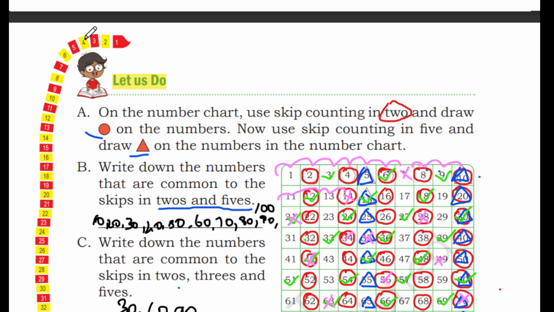From 4 you reach 1, 2, number 6, again 1, 2, number 8, again 1, 2, number 10, 1, 2, number 12, 1, 2, number 14, 1, 2, number 16, 1, 2, so number 18. So if you skip, from 4 you will reach 6, 8, 10, 12, 14, 16, 18, 20, 22. So likewise you can jump and go.